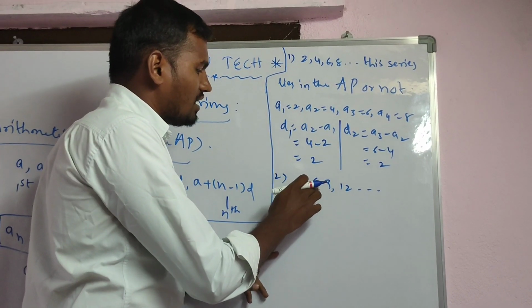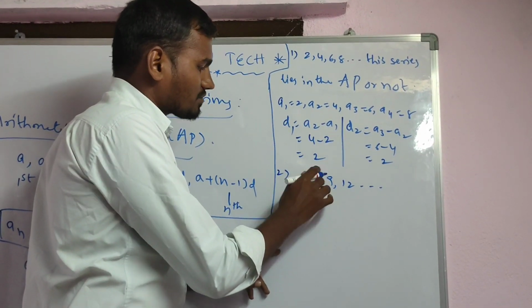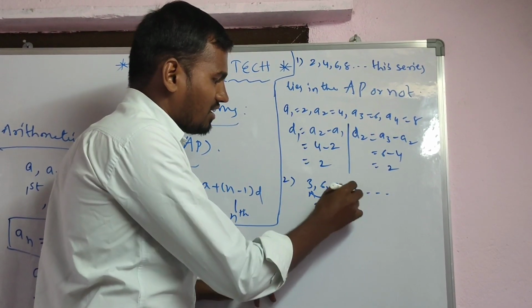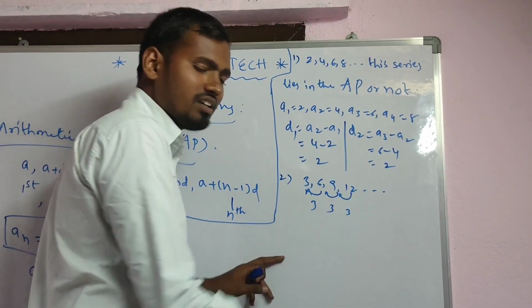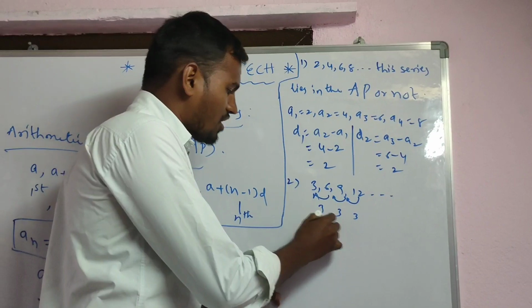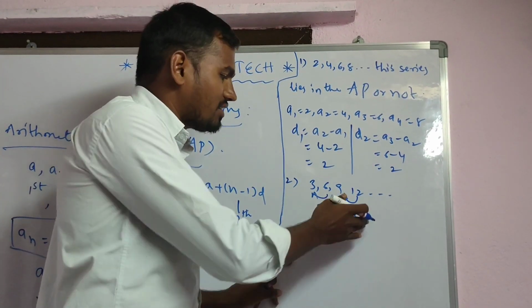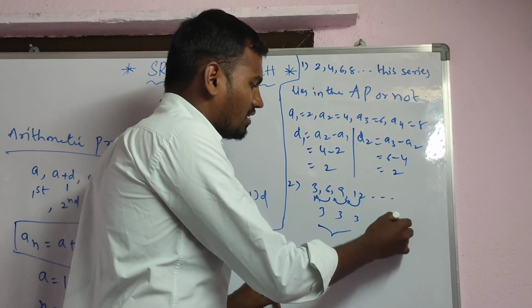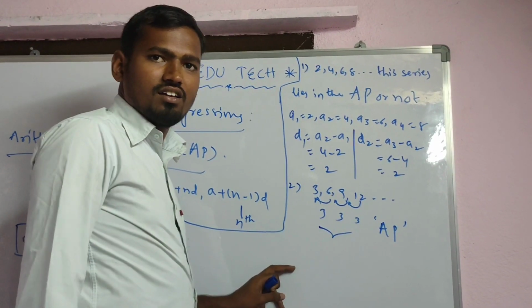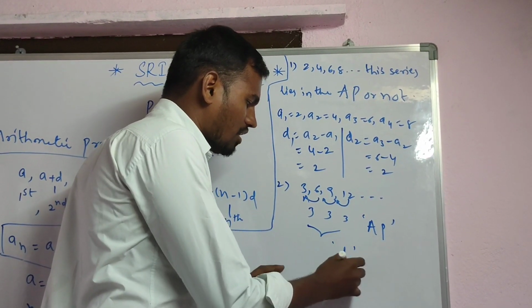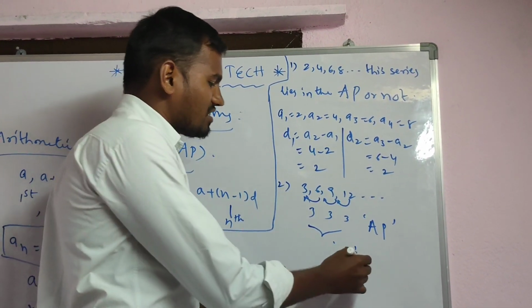Simply we write 6 minus 3 is 3, next 9 minus 6 is 3, next 12 minus 9 is 3. The difference between these numbers is 3 only. Then automatically the series lies in the AP.